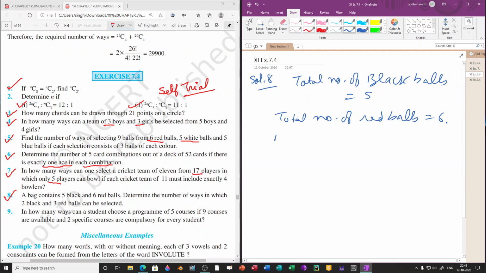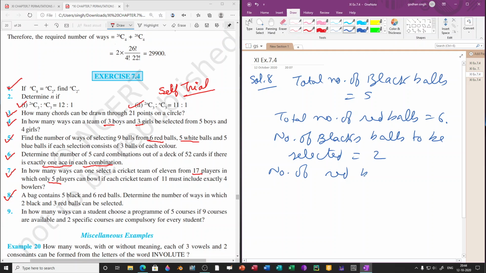The number of black balls to be selected is equal to 2, and the number of red balls to be selected is equal to 3.